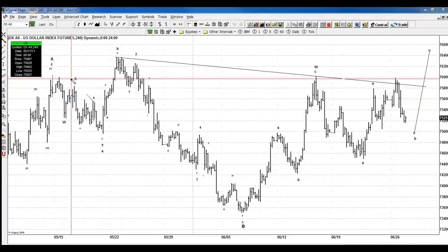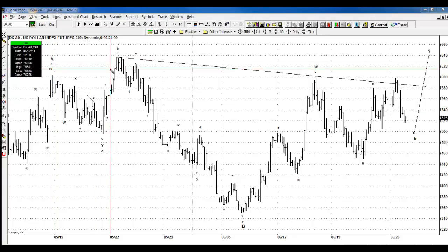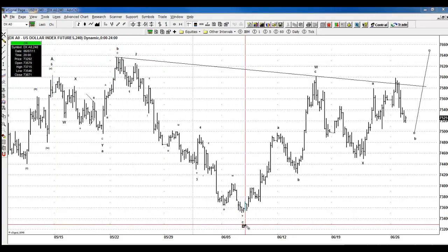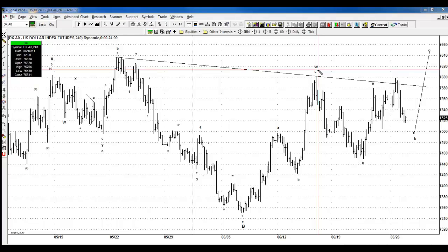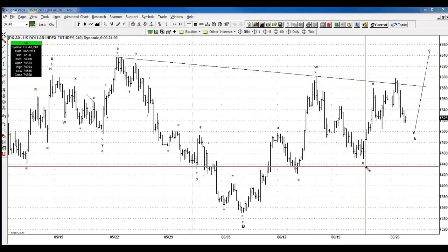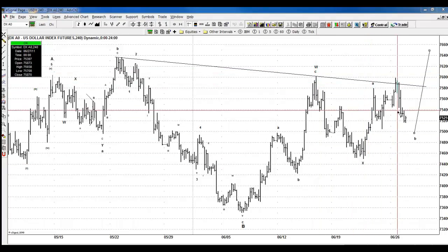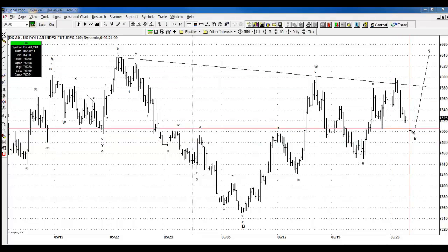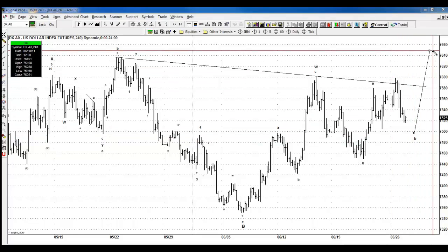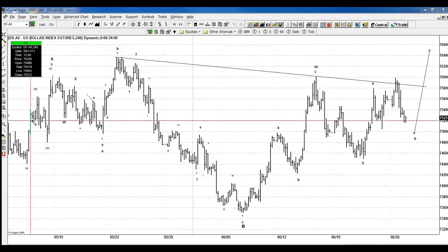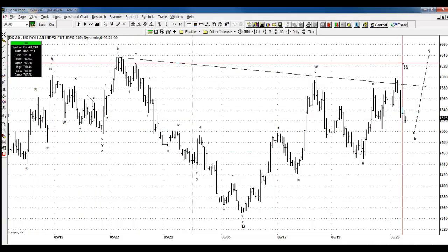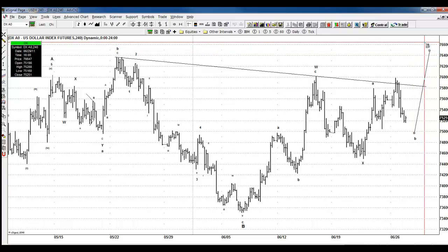Okay, this is the dollar. The same thing, a flat, then I got 3 waves down. The W wave, then X, we are in the Y wave, like a flat down here, and then going higher for the C wave. Ideally, I've been mentioning since yesterday that the dollar should reach around the 77 area.